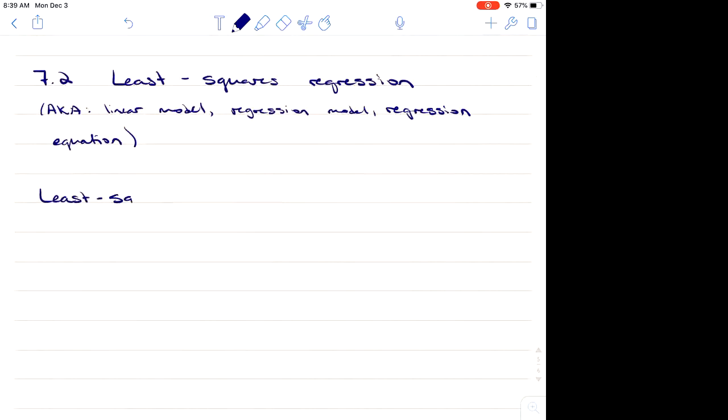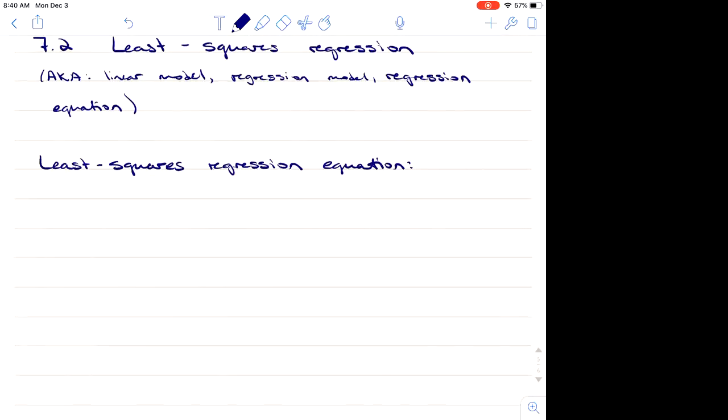And so the least squares regression equation is going to be a linear model. Linear means a straight line. Model is just something that we can use to model this behavior without talking about individual elements in there.